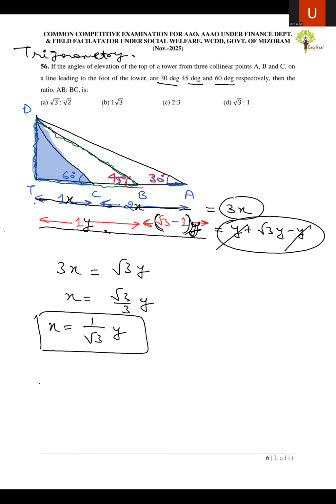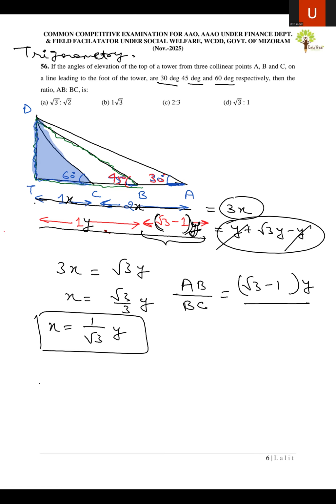We have to find the ratio of AB to BC. So AB is how much? This one is AB. AB is root 3 minus 1 y. BC is how much?